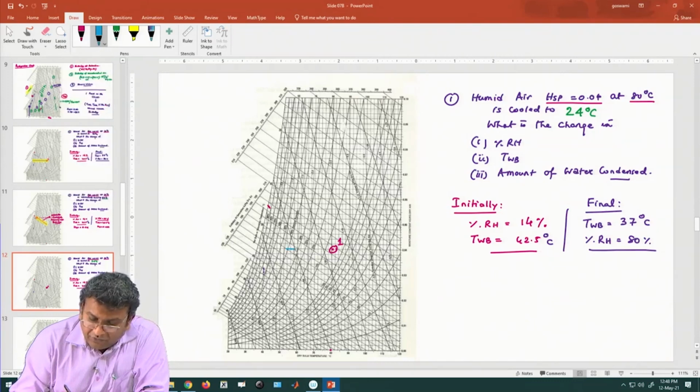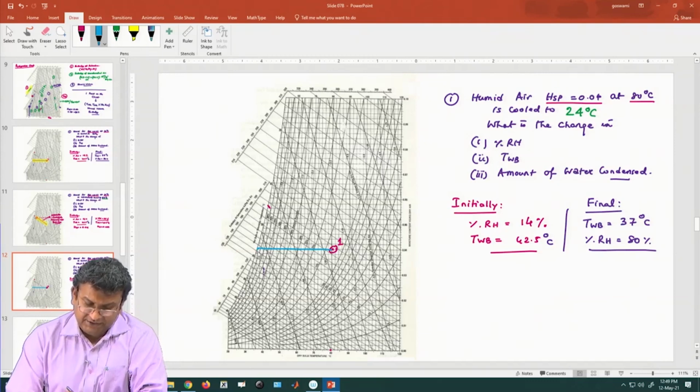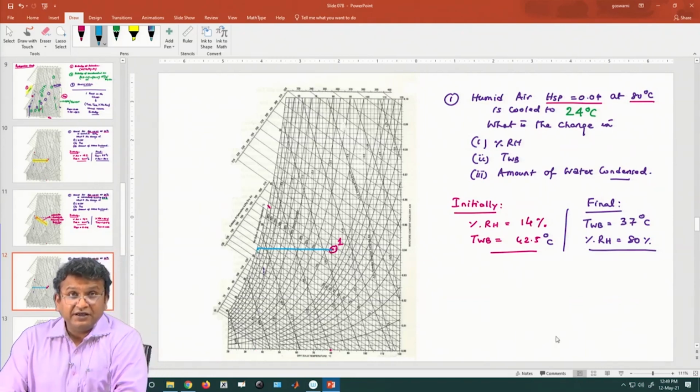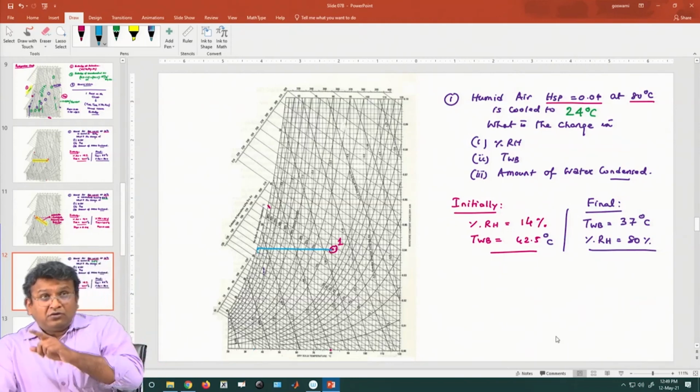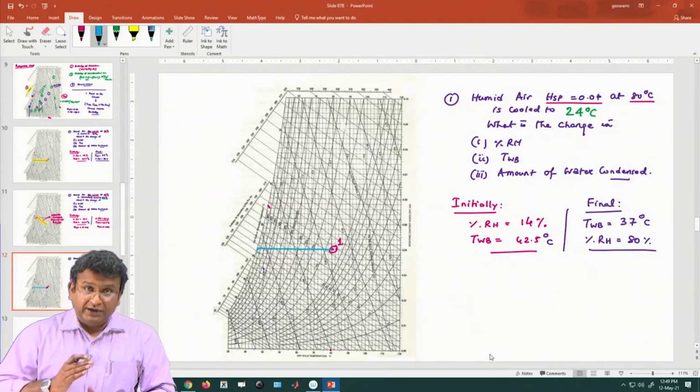The specific humidity remains the same and you cool all the way, but here you see that this temperature is 36 degrees centigrade, and you have been told to cool down to 24 degrees centigrade. So, what happens as you cool down?